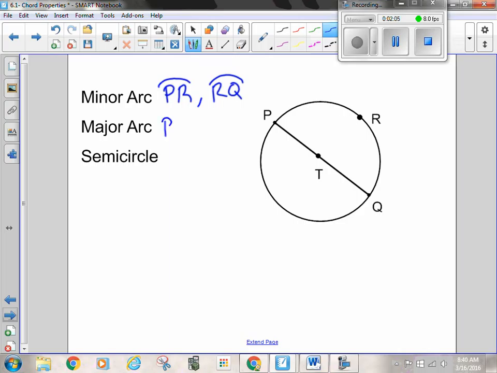So we could say PQR because I'm going around this direction. And that would be a major arc because it's greater than 180 degrees. Then a semicircle would be PQ, which is my diameter, but PQ is also my semicircle if I mark it with an arc for denotation.